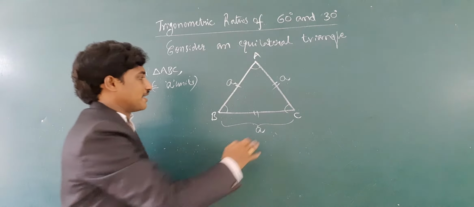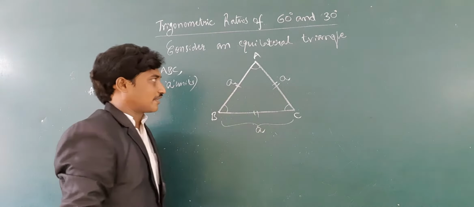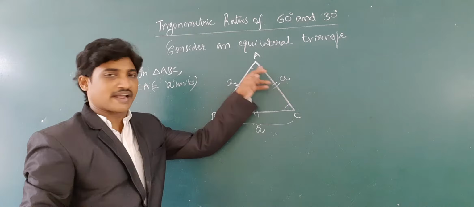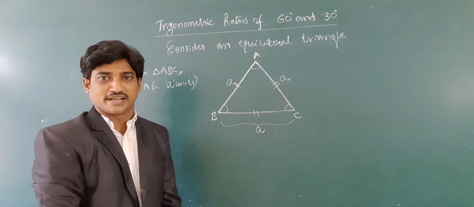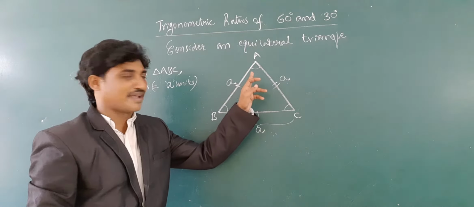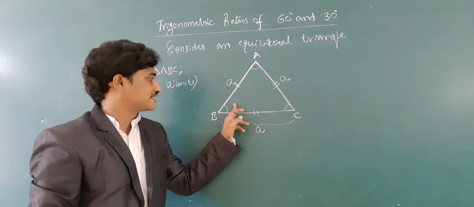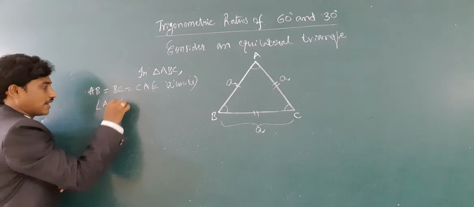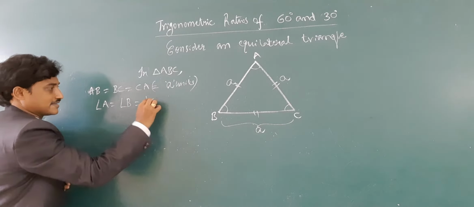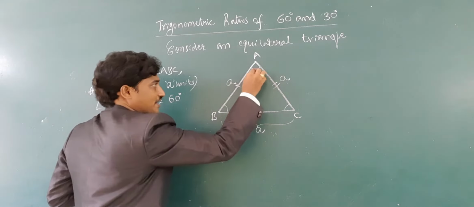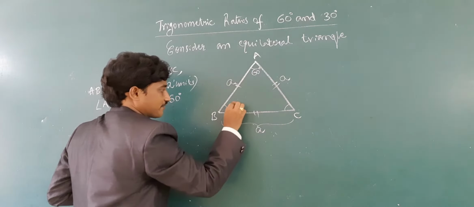If each angle is x, the sum of the three angles of a triangle is 180 degrees, so each angle is 180 by 3, that is 60 degrees. So angle A = angle B = angle C = 60 degrees. In an equilateral triangle, each angle is 60 degrees.